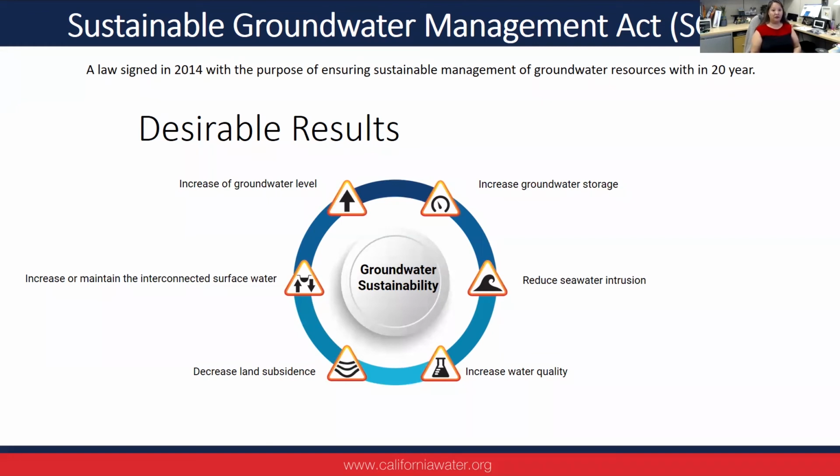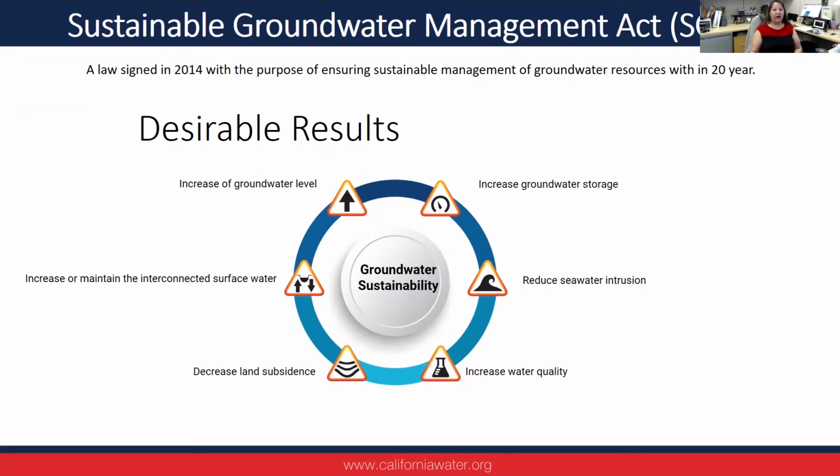So some of the desirable results are that we increase our groundwater levels, that we increase our groundwater storage, that we reduce saltwater intrusion, that we increase our water quality, that we decrease our land subsidence, and that we increase or maintain the interaction between surface and groundwater.